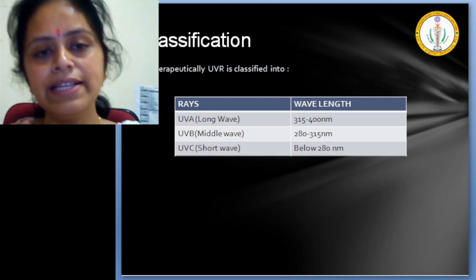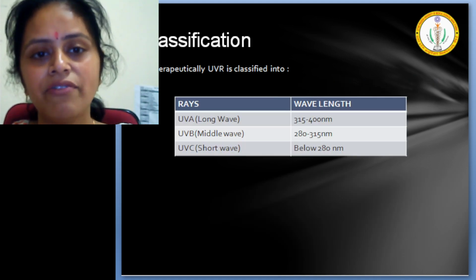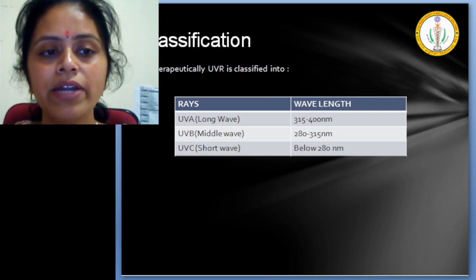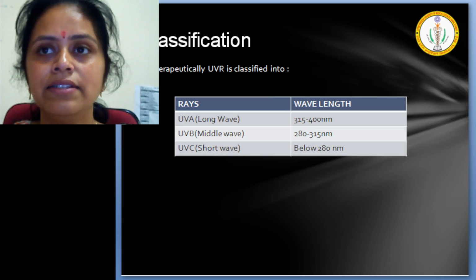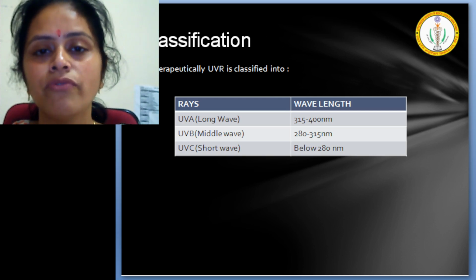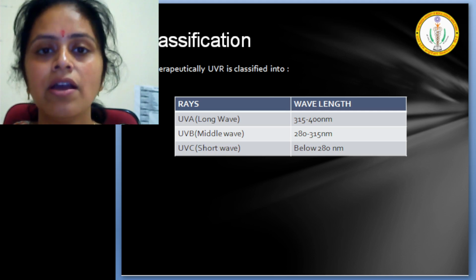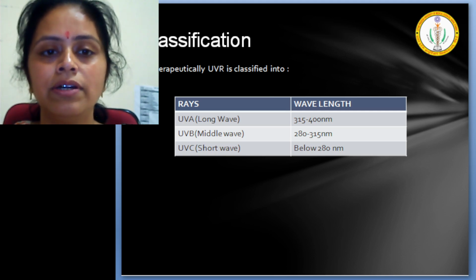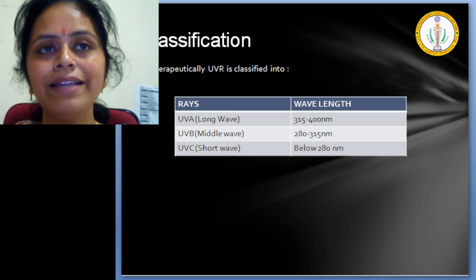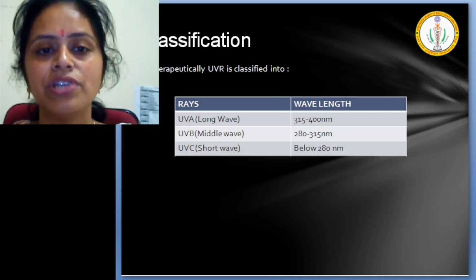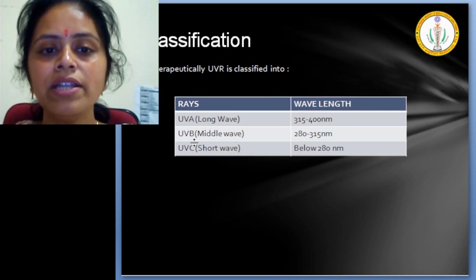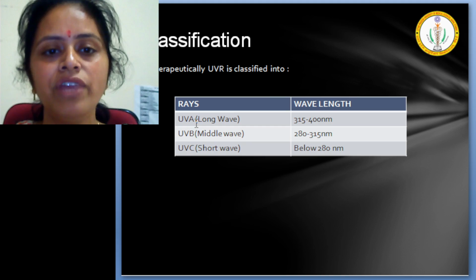Come to the next slide, that is covering the classification part. I have already discussed that the sun is the natural source from where we get these UV radiations, all the wavelengths. The artificial way of building these wavelengths inside the machine is classified into three types. The first one is UVA.